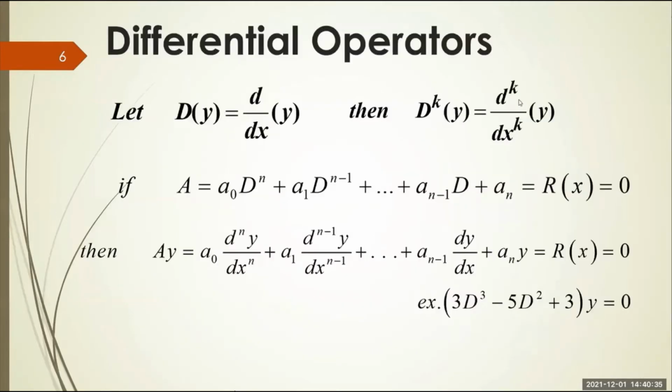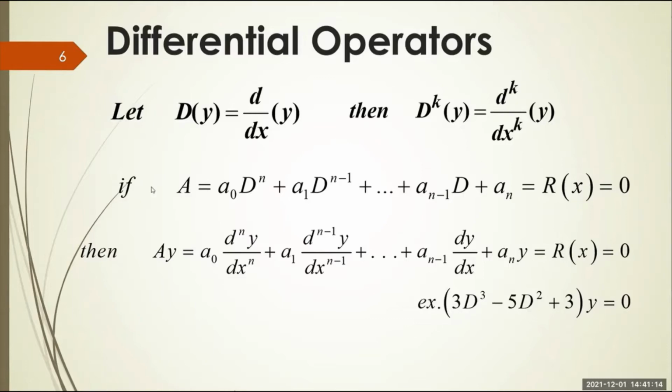Let's go to differential operators. I know you've already seen something like this in your differential calculus and integral calculus. For example, you have the differential operator D. This basically represents the derivative of y with respect to x, that capital D. Therefore, you can say here that the kth order derivative of y is the kth derivative of y with respect to x.